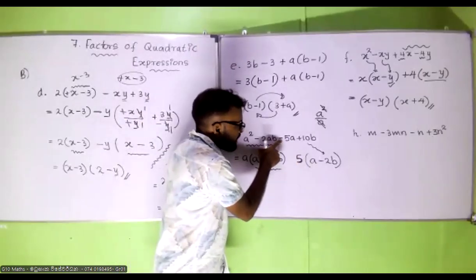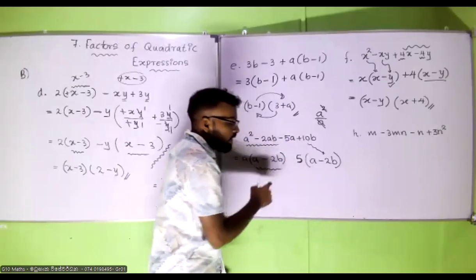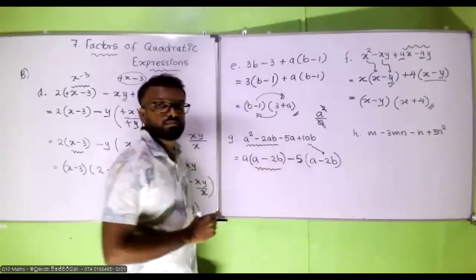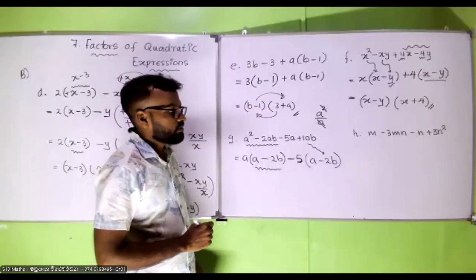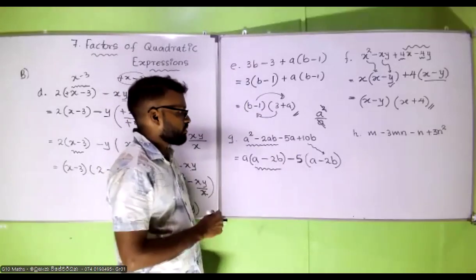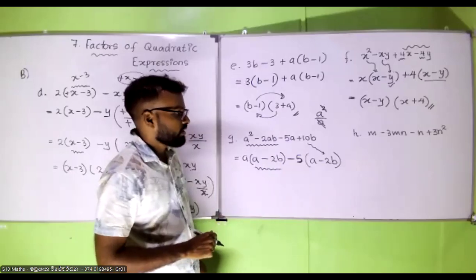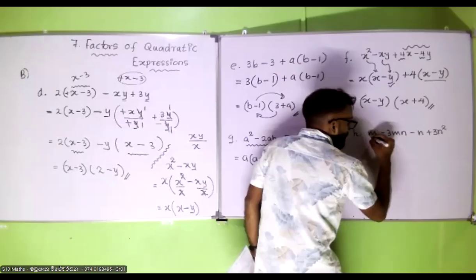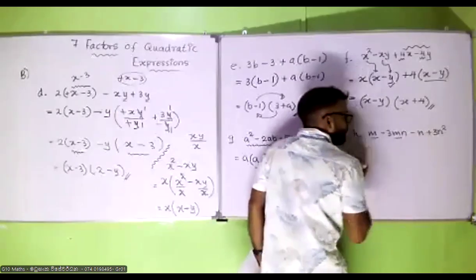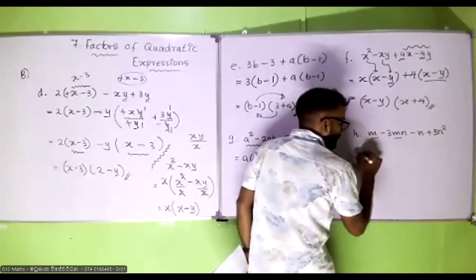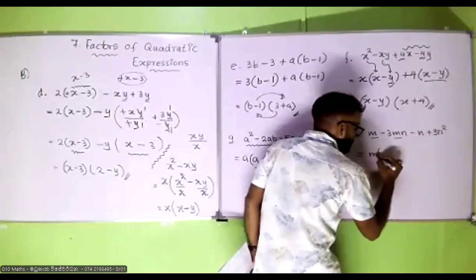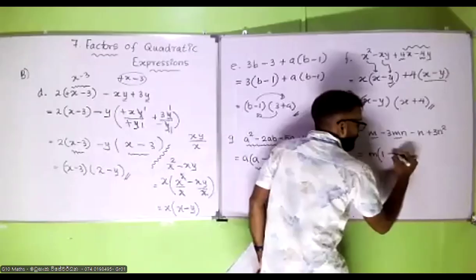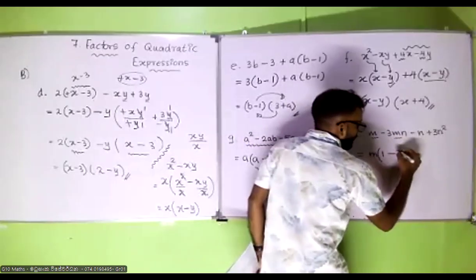If you want to convert minus a into a, you are going to take the minus sign out as well. So you can do the same thing there. I will do that as well. M is common for this one. Take m out, equal mark. If you take m out from here, the remaining term is 1 minus 3n.